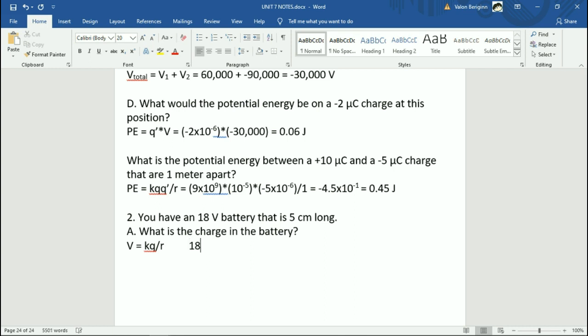So we have 18 equals 9 times 10 to the 9 times Q divided by r. Now it's 5 centimeters, so it's 0.05 meters.